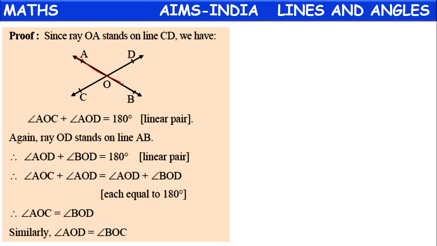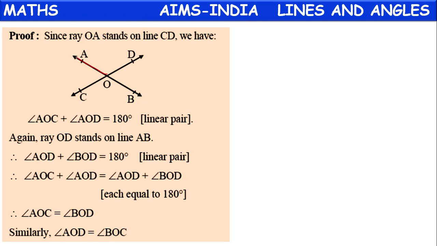So if AB and CD intersect at O, we have to prove that angle AOC equals angle BOD and angle AOD equals angle COB. Proof: the ray OA is standing on the line CD.